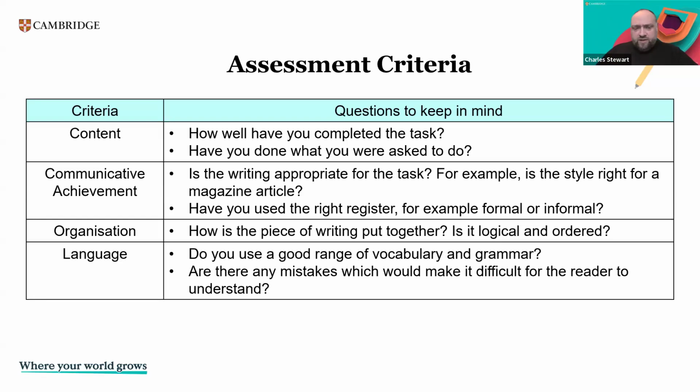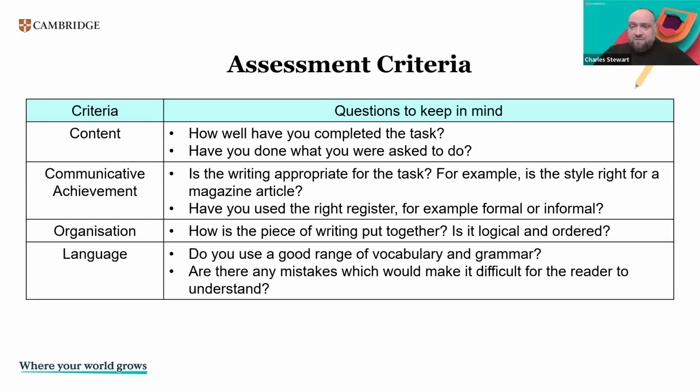So for range of language, what this means is at the C2 level, you should not only be able to use C2 vocabulary and grammar correctly, but you should also be able to use C1, B2, B1, A2, and A1 as well.